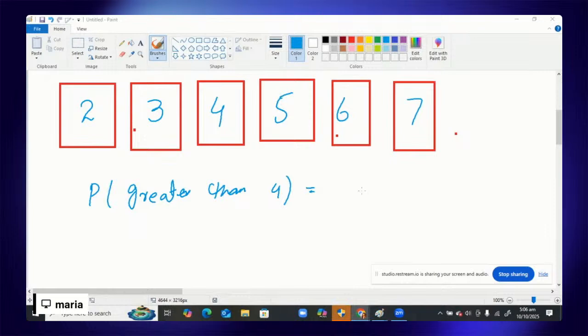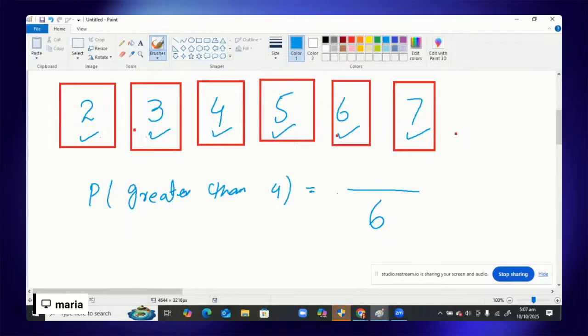Now you tell me, guys, the total number which we put in the denominator. How many total numbers are there? 1, 2, 3, 4, 5, and 6. So the total number of cards is 6.